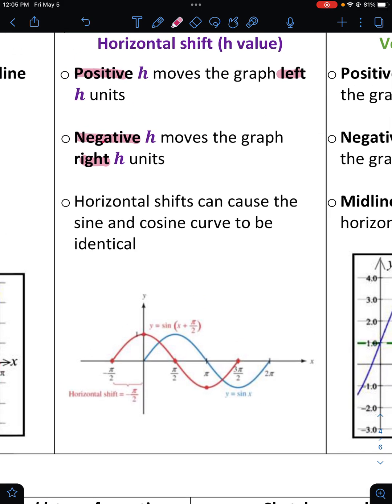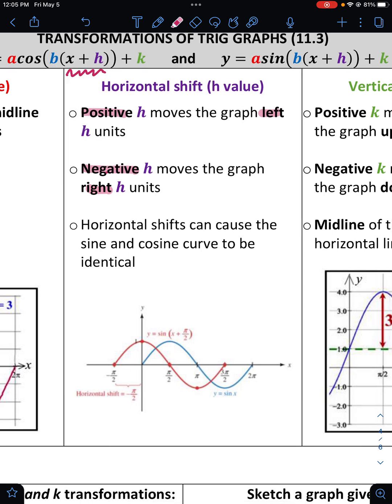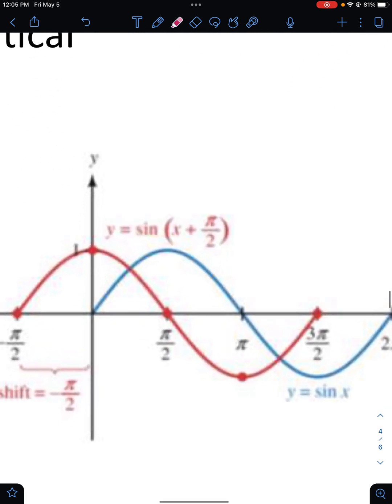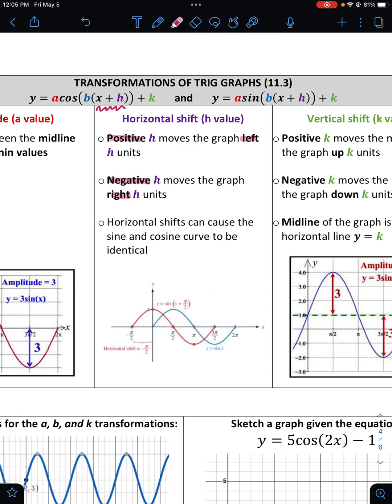Now, when we're doing that, you will have other parameters that will be the same for each of them, whether you choose sine or cosine for the scenario, because what's not changing is the overall height of the graph and where the graph is, so whether it's been shifted up or down. So those parameters that we'll talk about in a second will be the same for sine or cosine for modeling the same scenario.